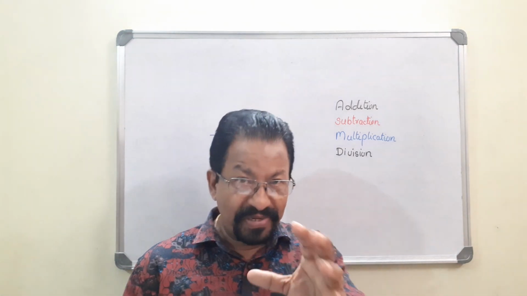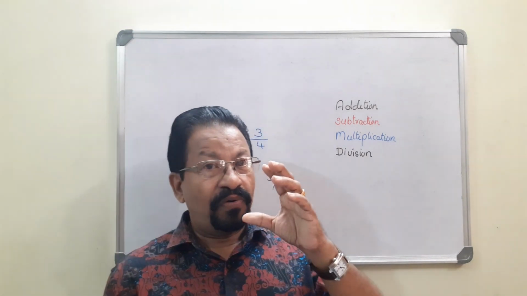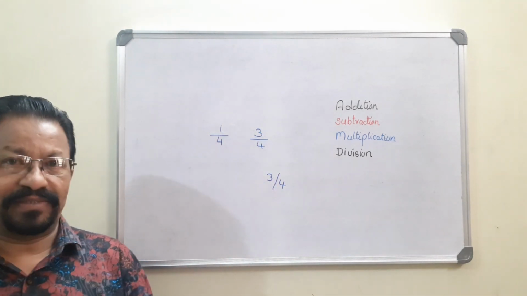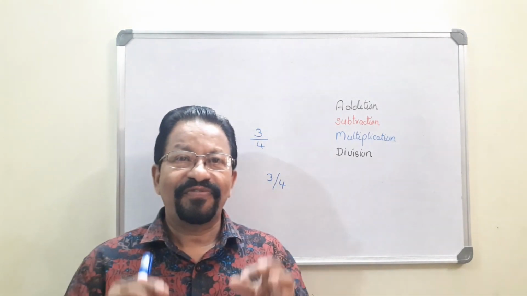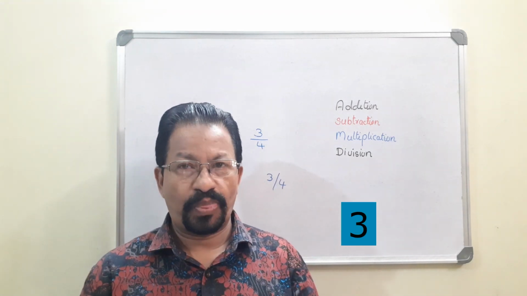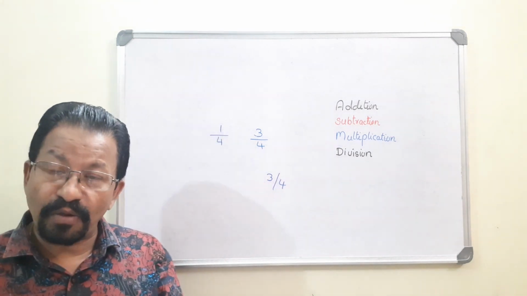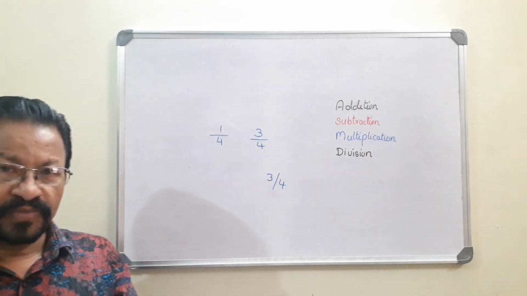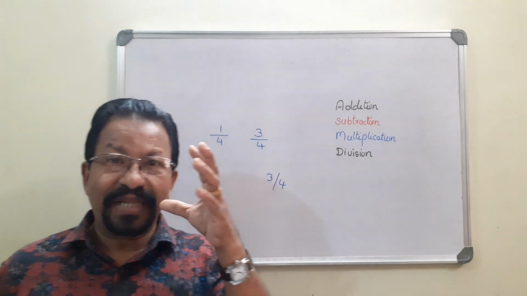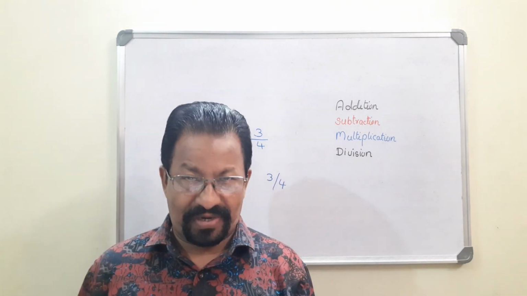Now, based on the numerator and the denominator, fractions are classified into 3. Fractions are classified into how many? 3. We will go through those 3 kinds of fractions one by one.